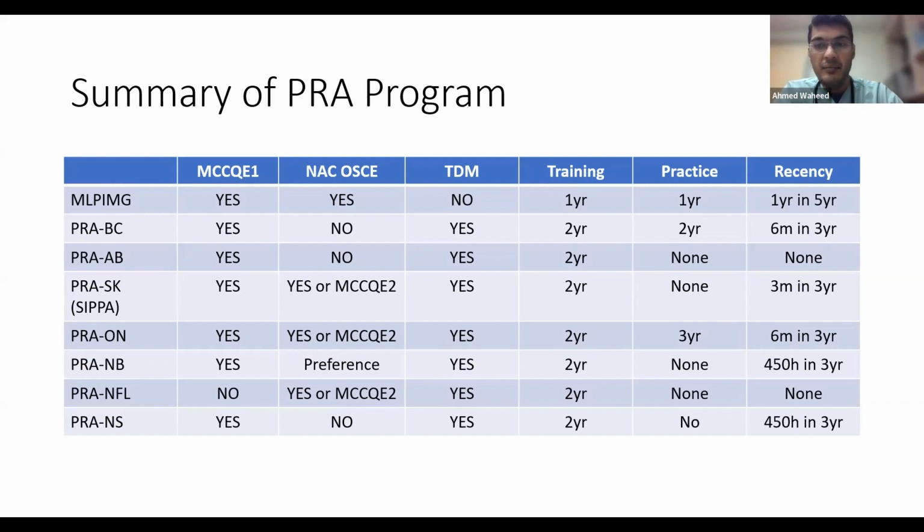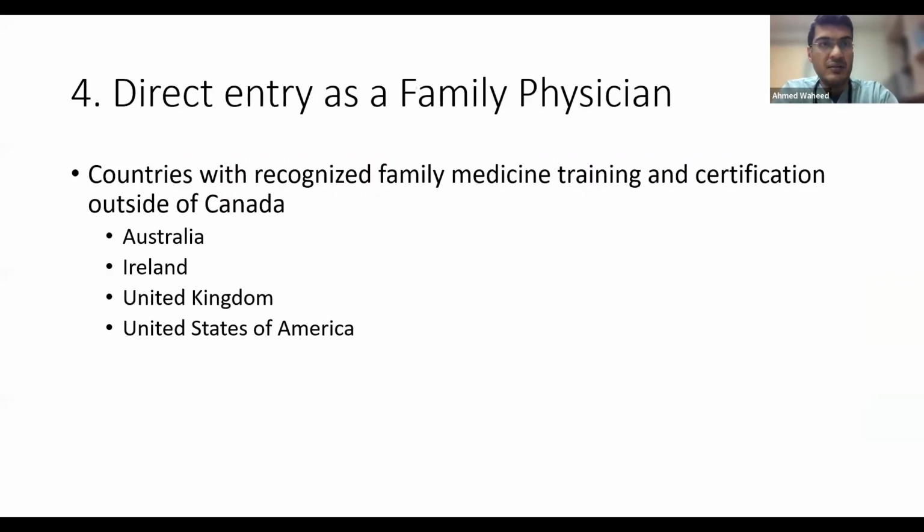Next one, direct entry as a family physician. I know many friends and colleagues with whom I was studying who were not able to get into the system. So most of them went to the United Kingdom, because the UK is relatively easier to get into, but the pay scales and all of that are a little bit low over there, and their laws make it a little bit difficult for a physician to survive.